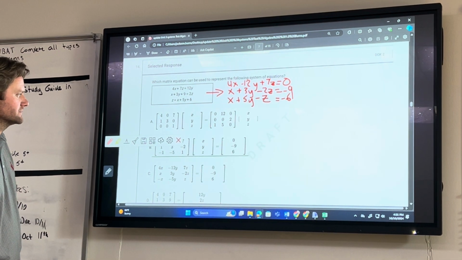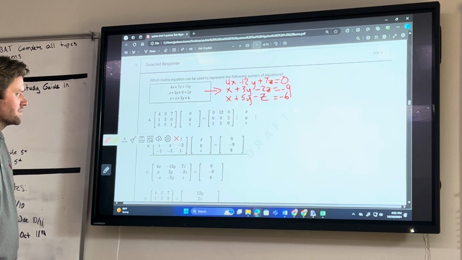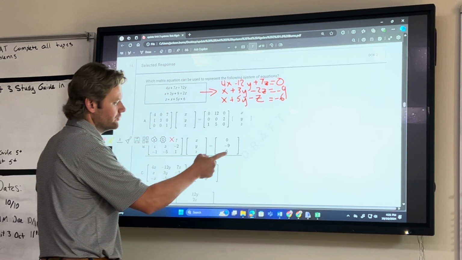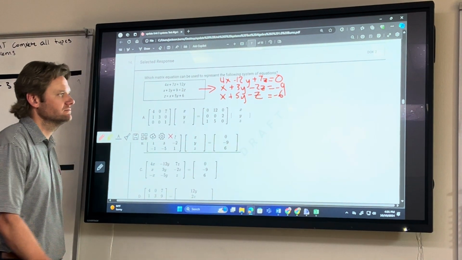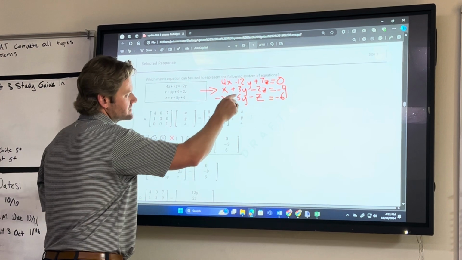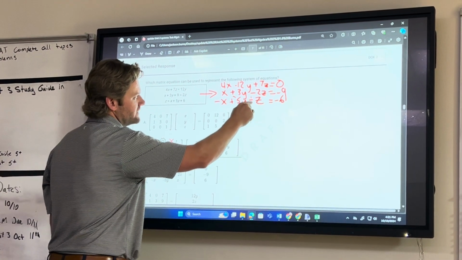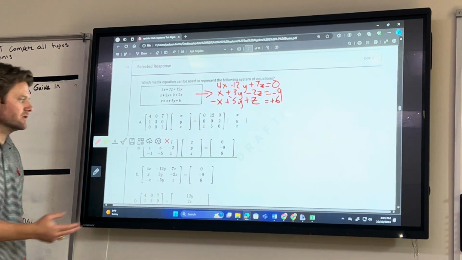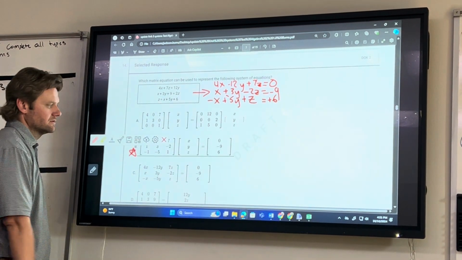Why do they have +6? They multiplied by -1 on this one, on the last one, right? So they would get your -x minus 5y plus z equals a +6, right? It is still the same equation, all right?